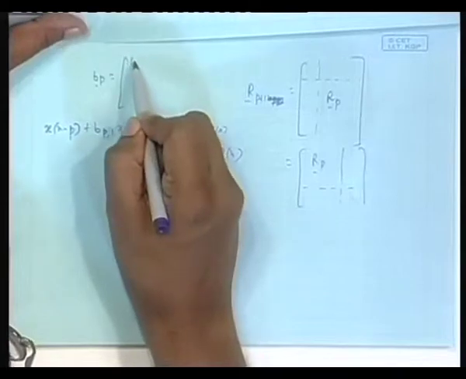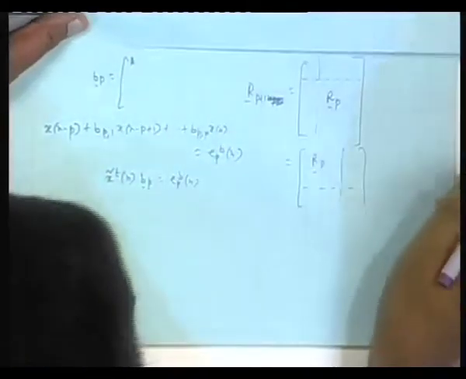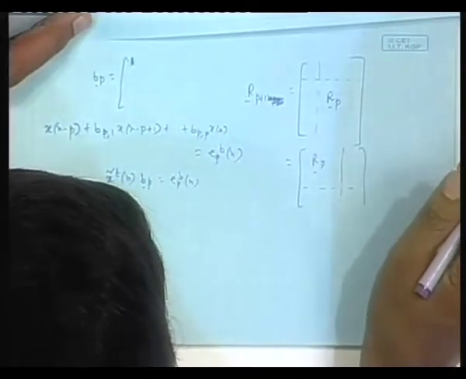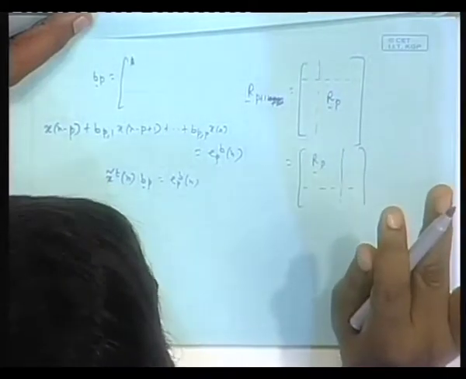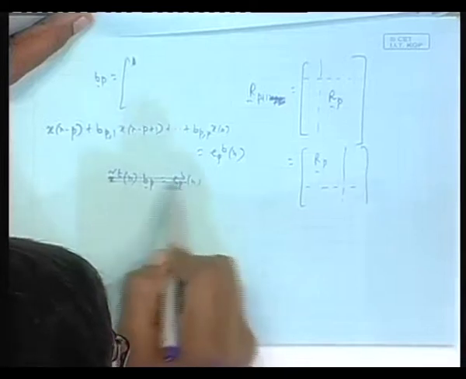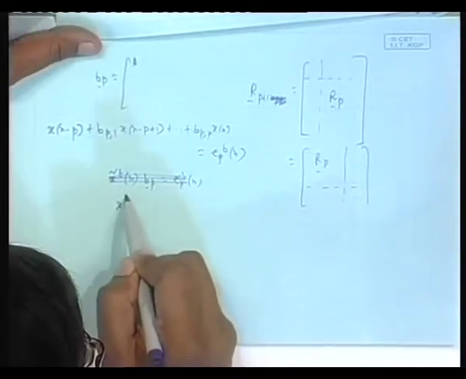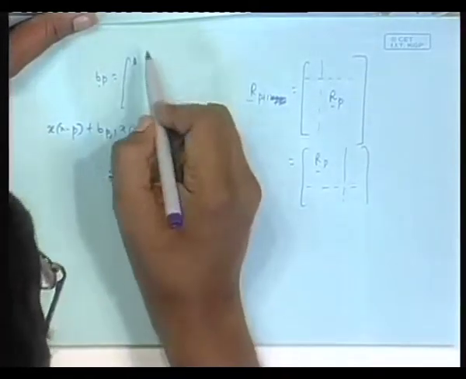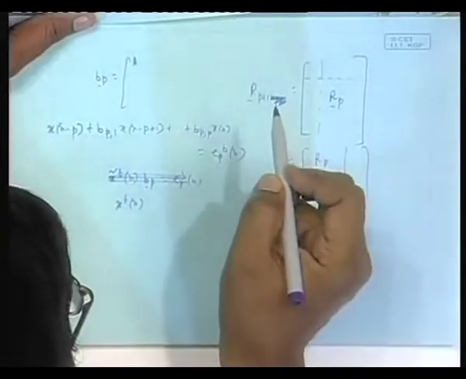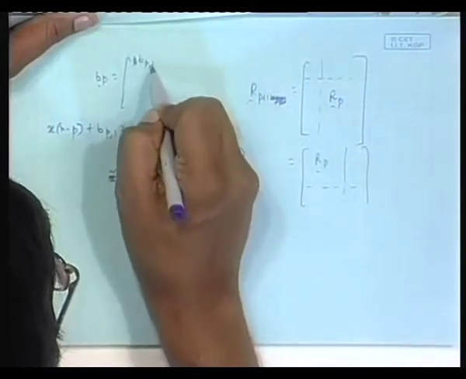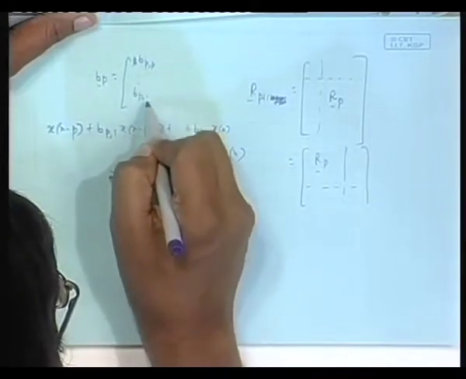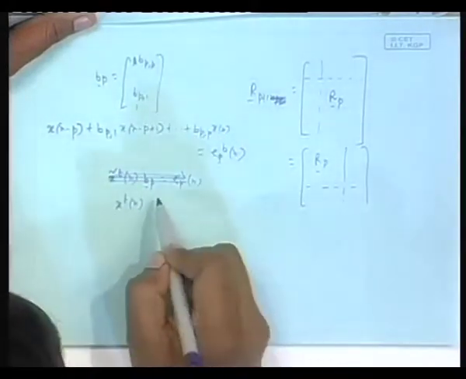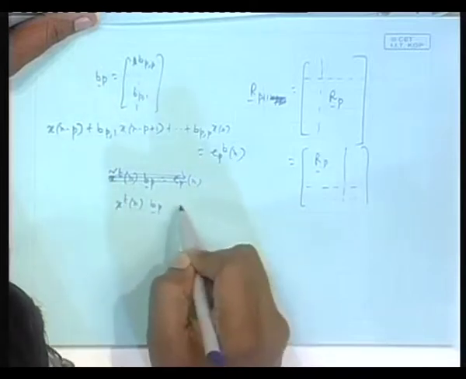My definition is the BP vector, or maybe let us not do tildification here, I can observe that here only. Bp comma p, tildification I will do later, and 1. This is my BP vector.